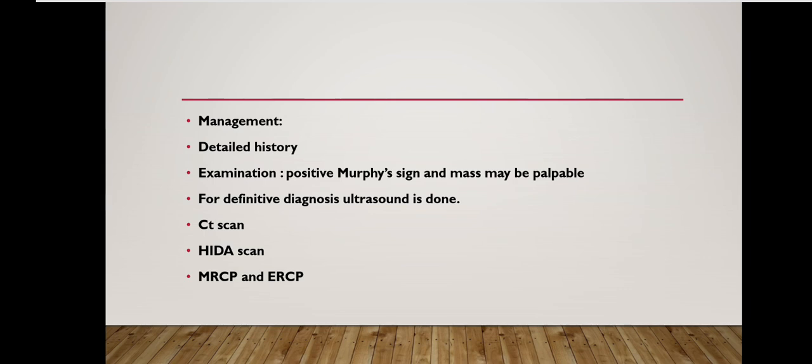That's why, when the omentum gets wrapped around the gallbladder, a mass will be palpable in the right iliac fossa. For the definitive diagnosis, we will do ultrasound.